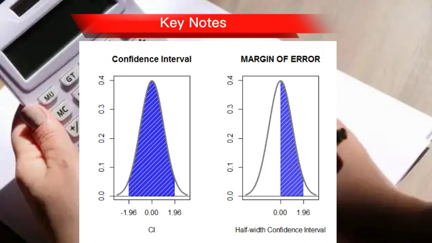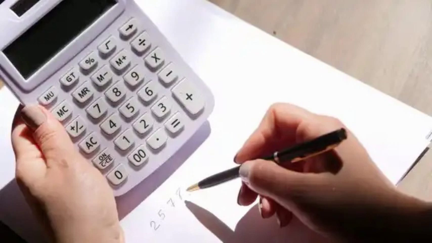You must also determine the margin of error that you want to use. So the common ones that we have are 3%, 5%, or 10%. Having decided on this, then you can determine the sample size.